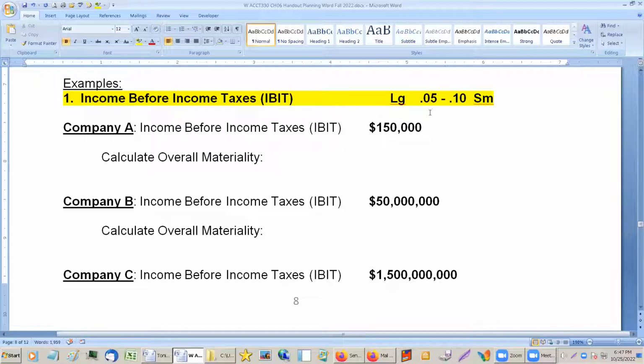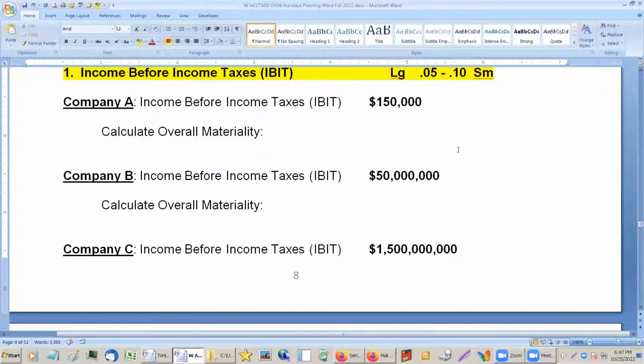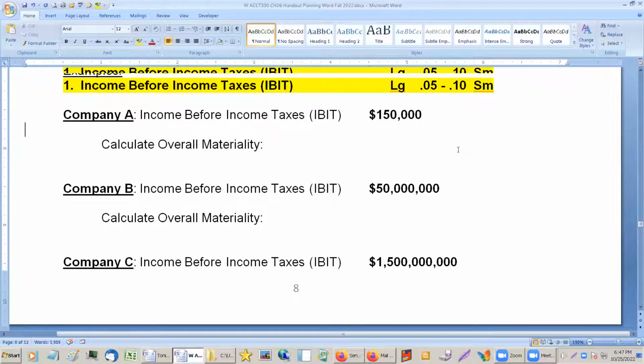Okay, so here we have company A. Is this a large company or a smaller company? Smaller, I mean, that's their income before tax. Yeah, so this is $100,000.